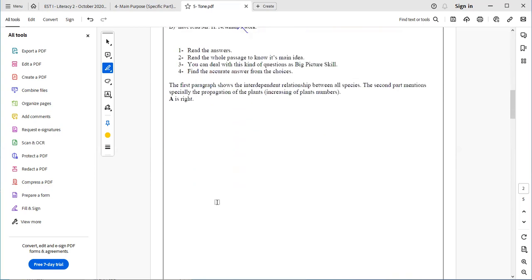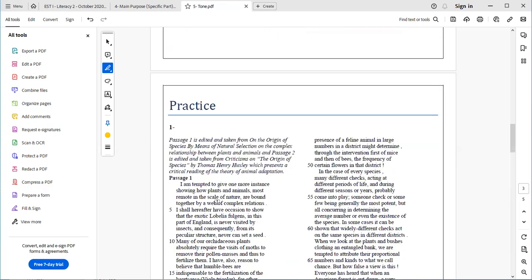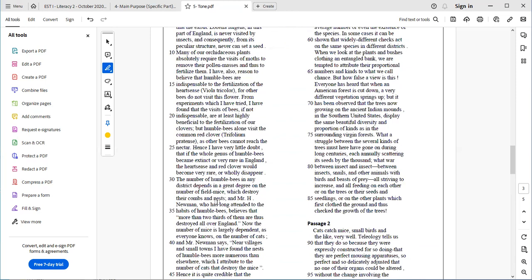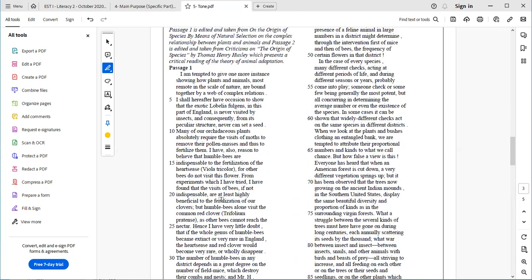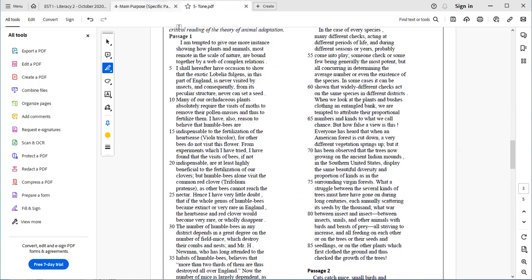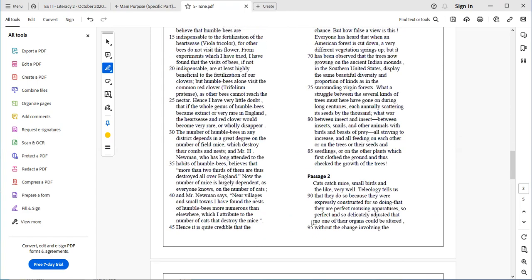Okay. Other kinds of questions. Most of the tone questions will come to compare between passage 1 and passage 2. Because in the 5 passages of literacy 2, one passage will have 2 passages, as you can see, passage 1 and passage 2.